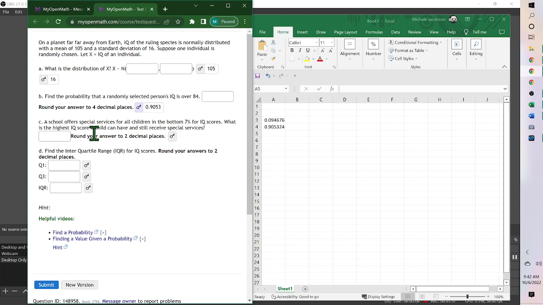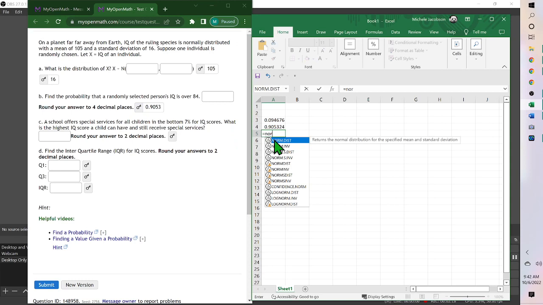A school offers special services for children in the bottom 7%. What is the highest IQ score a child can have and still get special services? Okay, so 7% is the amount below. We're looking for the value, so that's the inverse one. So we would click equals norm, and you want the inverse one.